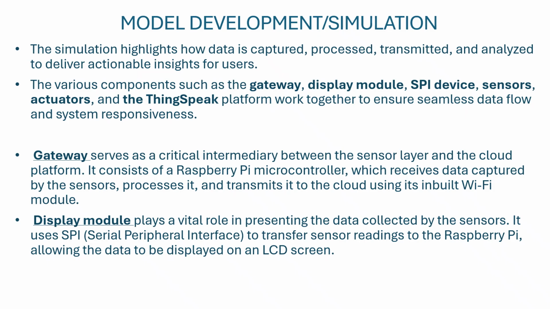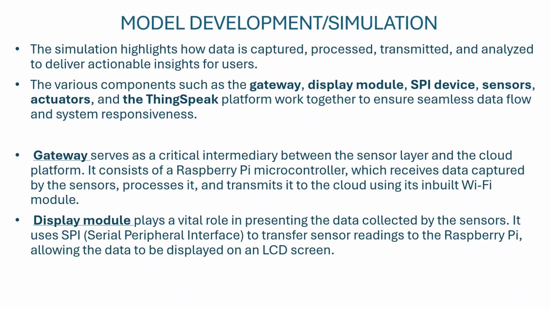Now, I will explain about the different components of simulation model. The objective of simulation model is to show how data is captured, processed, transmitted, and analyzed for users.